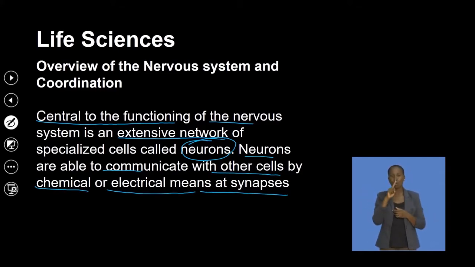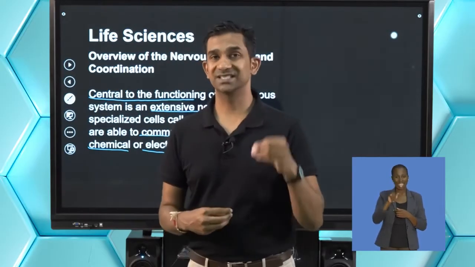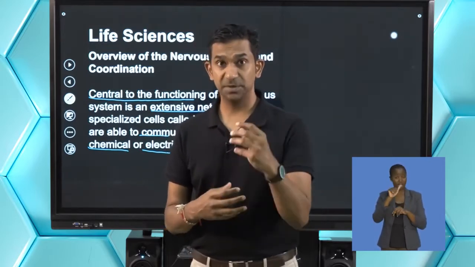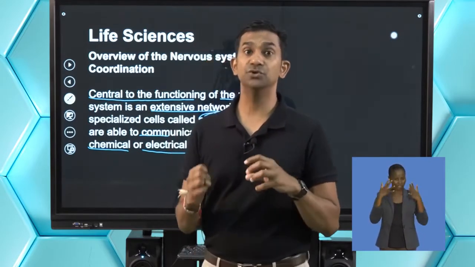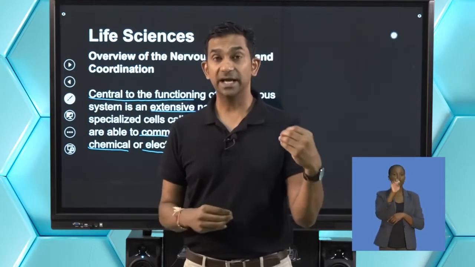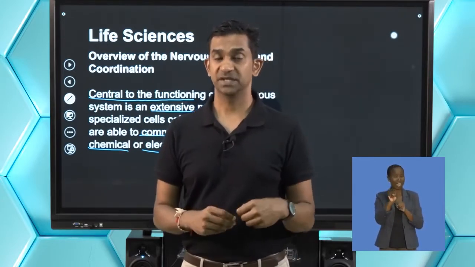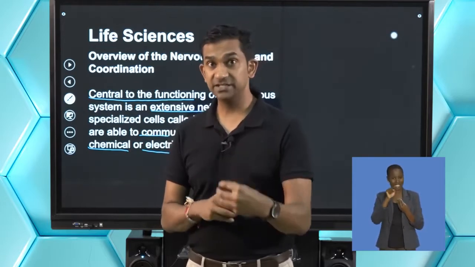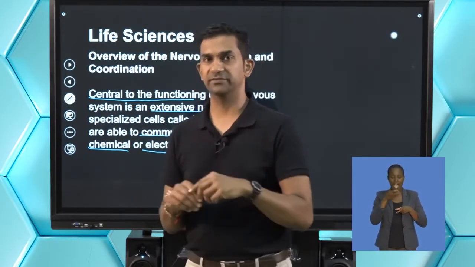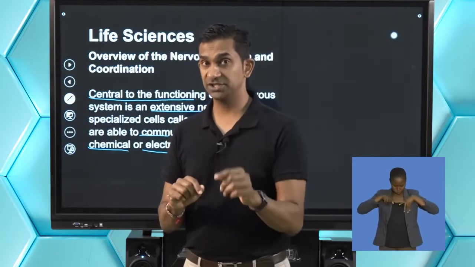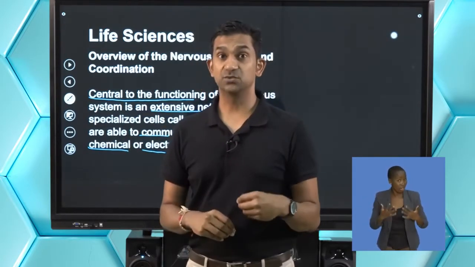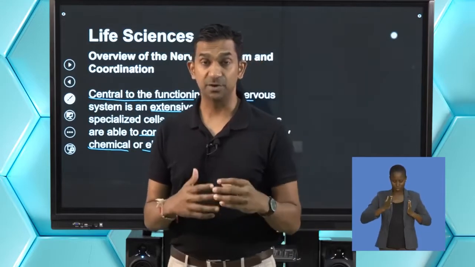So we know that the nervous system uses electrical impulses. In grade 10, we looked at specialized animal cells called neurons, which are able to conduct impulses. These serve as an effective neural highway or pathway for impulses to travel and bring about coordination, both through a voluntary as well as an involuntary response.